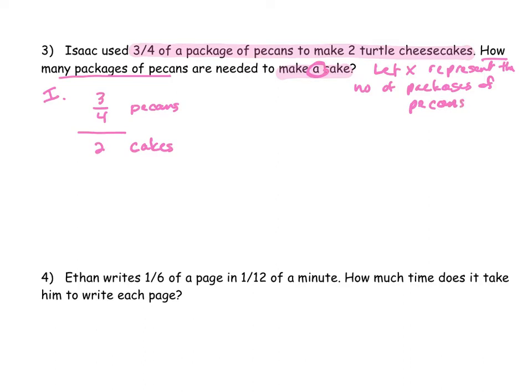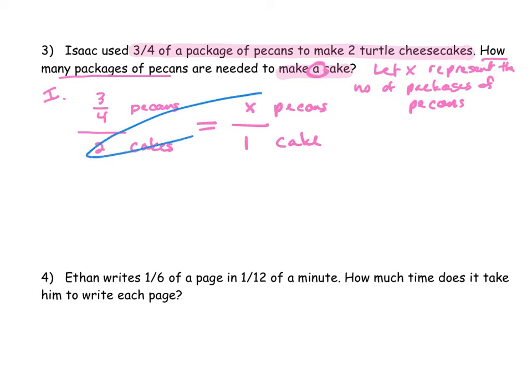So when I go to set up my other ratio, because a proportion is 2 equal ratios, I'm going to use X on top because that's referring to the packages of pecans. And my other number, a cake, implies one cake because we're trying to find the unit rate. So now we're going to go to our skills.